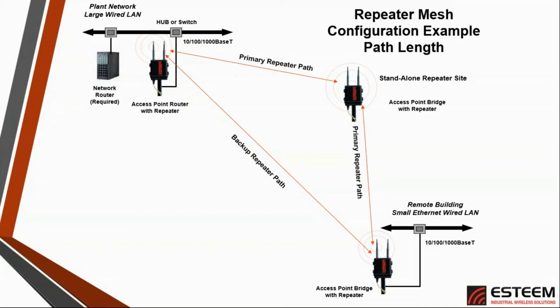Let's think of this on a very simple network. 3 radios is the easiest way to conceive it, and you can see how it would expand out from that. We have a plant network on the upper side, and we're trying to link it out to a remote building.